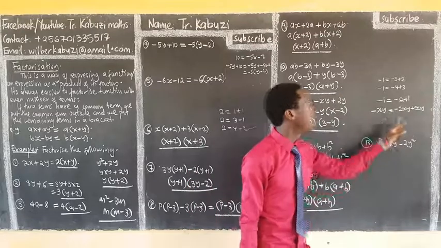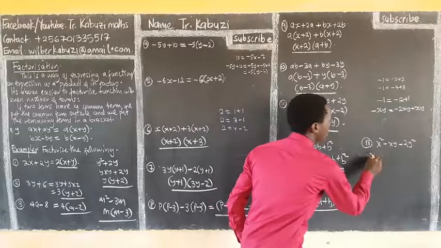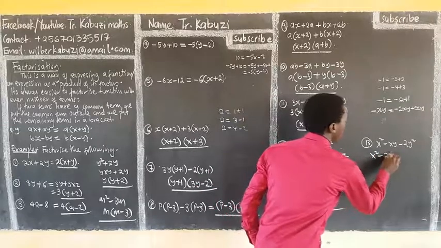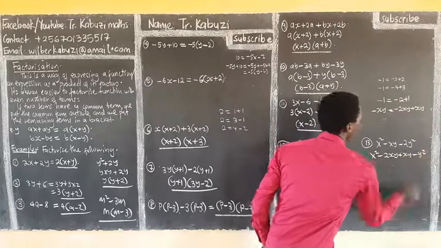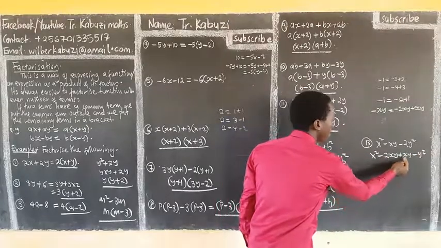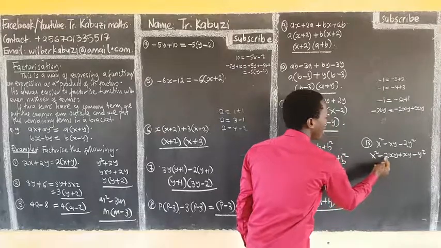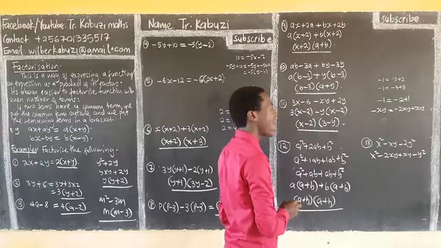When I simplify this, I come back to this. Let us see. So this will now be x squared minus 2xy plus xy minus y squared. Why? When I simplify -2xy plus xy, I come back to -xy.